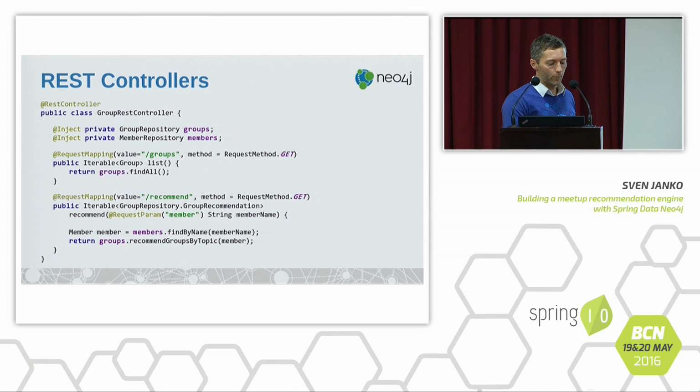So in that case, we are defining which name to use as the REST endpoints for our functions. And in that case, we could execute arbitrary Java code to implement some more application logic here.